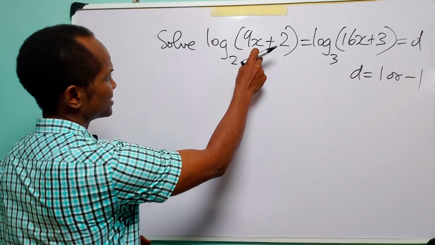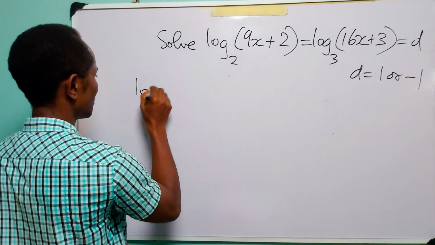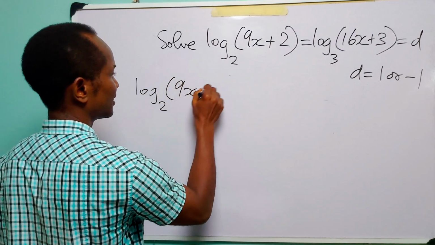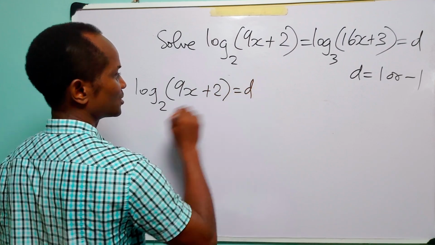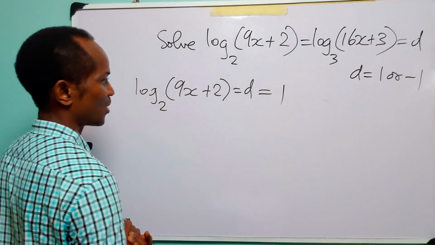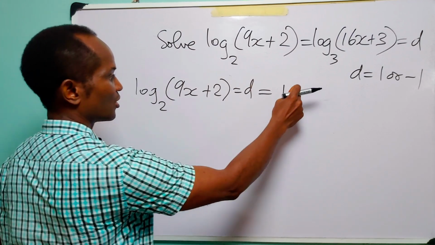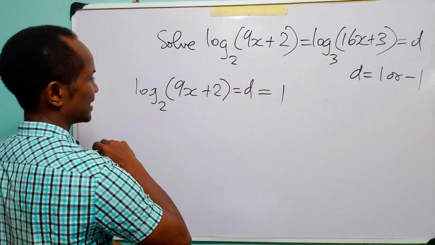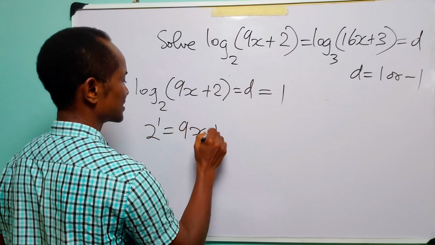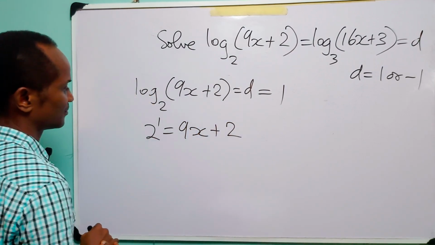So we come back to this equation. We have that log to base 2 of 9x plus 2 is equal to d. So when d is equal to 1, this is equal to 1. And we have that 2 raised to power 1 is equal to 9x plus 2.